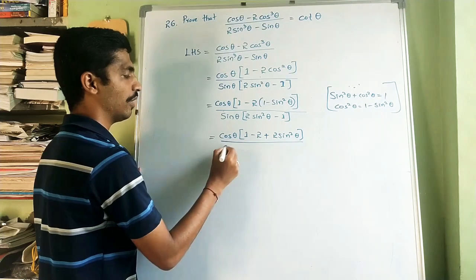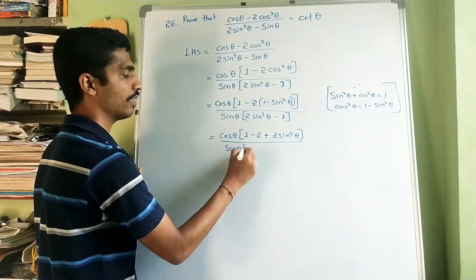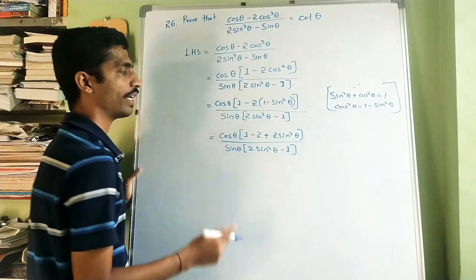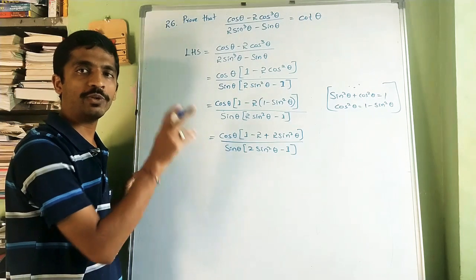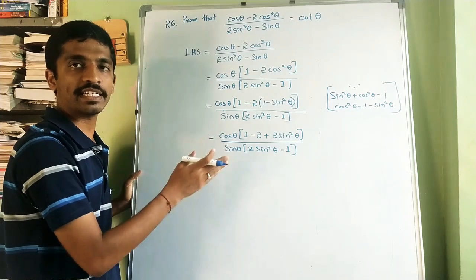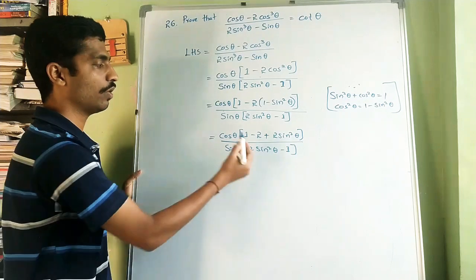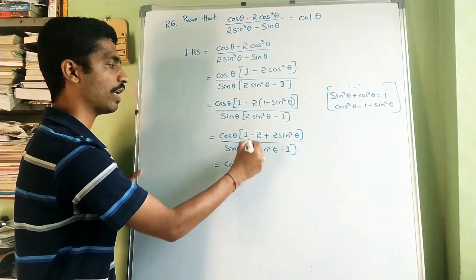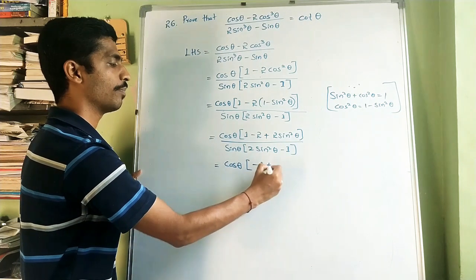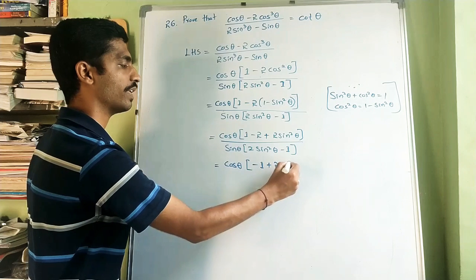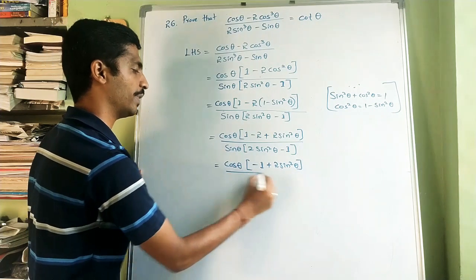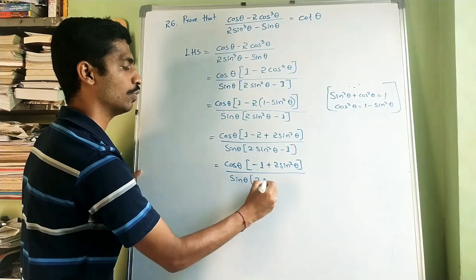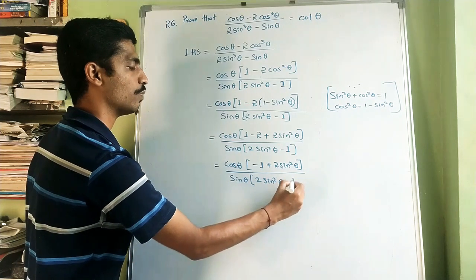Now sin theta into 2 sin square theta minus 1. Numerator and denominator, you have to rearrange any one term according to the cancellation. Here we get cos theta into minus 1 plus 2 sin square theta, whole divided by sin theta into 2 sin square theta minus 1.